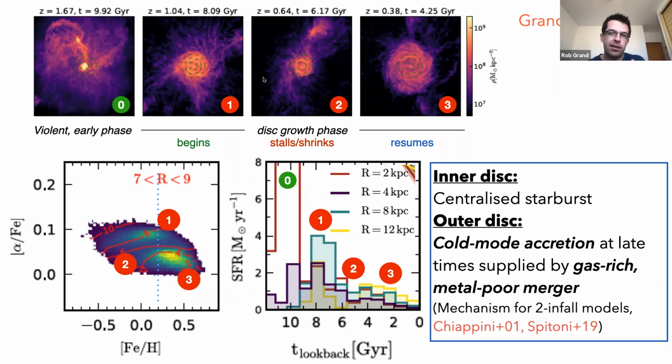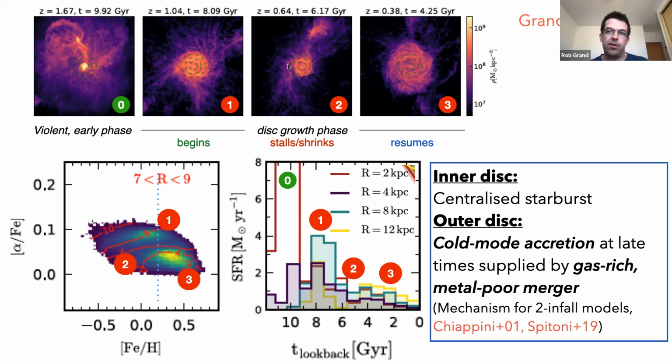So the disk has actually shrunk because gas accretion has stopped fueling the edges, and it's shrunk down until the galaxy accretes a gas-rich, metal-poor minor merger that you can see in this image as well.